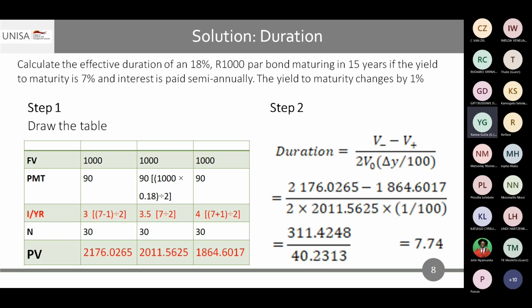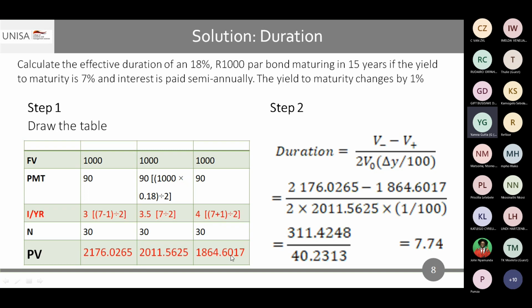All right, so here is our period. Our period is a 15-year bond, but we get paid 30 times because we're getting paid twice a year. So we say our period is 15 times 2, which is 30. If you input all these values on your financial calculator, these are the present values you need to get.